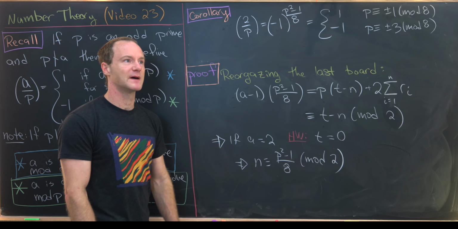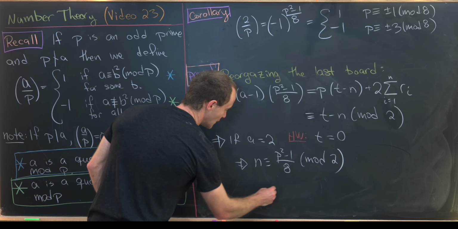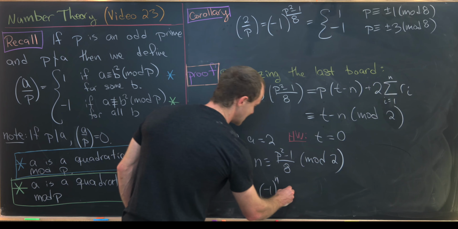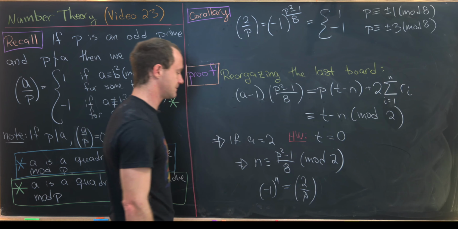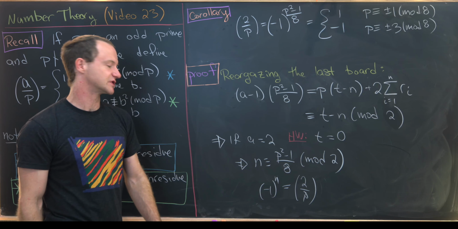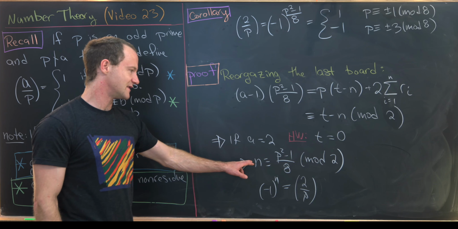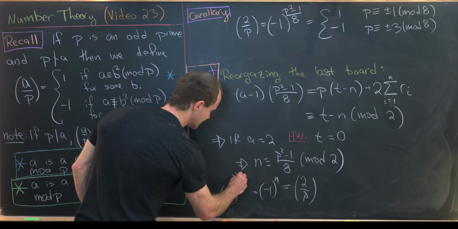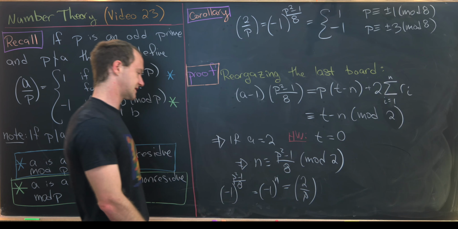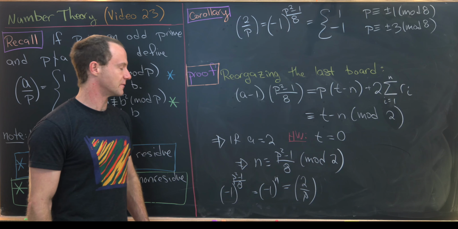But then by Gauss's lemma, we know that (-1)^n is equal to the Legendre symbol (2/p), given the fact that a is equal to 2 here. But then by this congruence mod 2, that is (-1)^((p²-1)/8). And then where do you go from here?